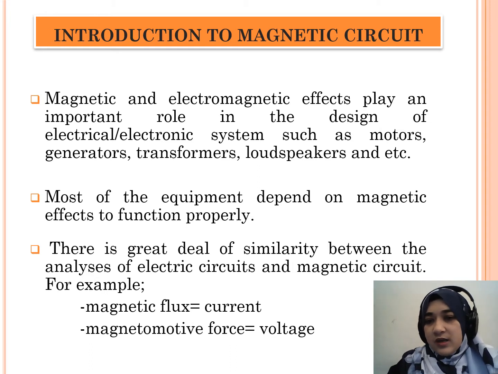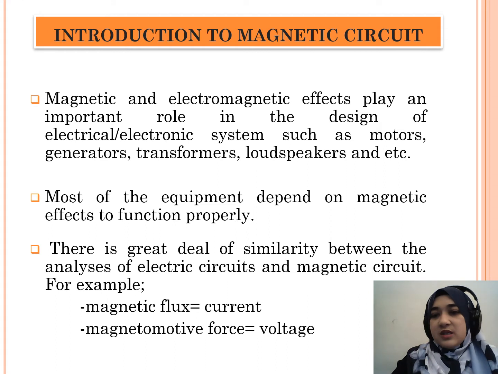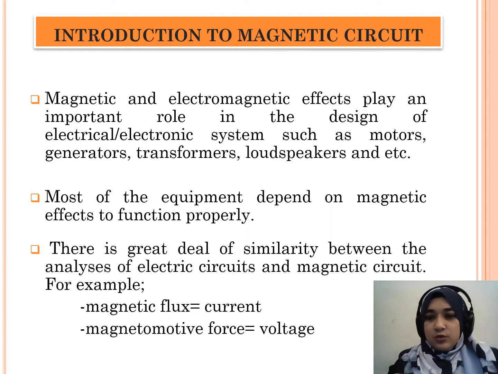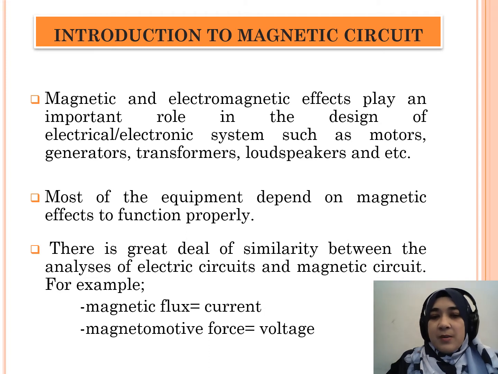So in order to do magnetic circuit later, we can use the electric circuit to analyze it. We will do that at the end of this chapter. For example, magnetic flux is like current. MMF, magnetomotive force, is like voltage.